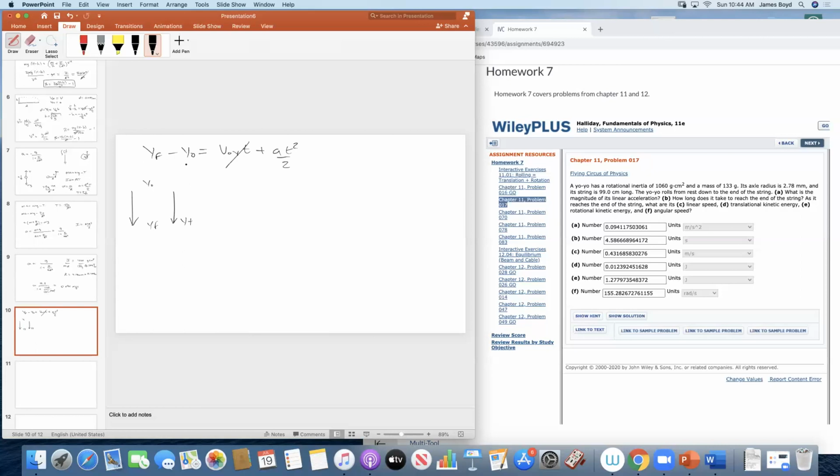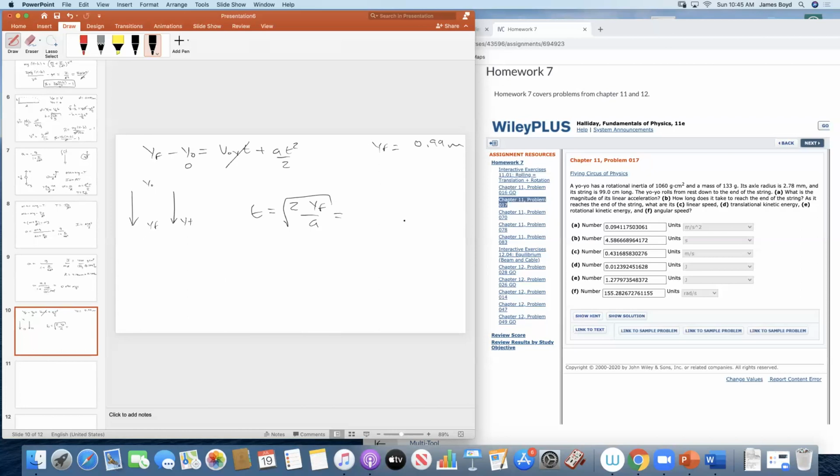It started from rest. My y initial will be 0. My y final will be the length of the string. The string is 99 centimeters long. Turn that into meters, 0.99 meters. Okay, my a is the a that I found, and I want to find t. So t is the square root of 2 times y final over a.